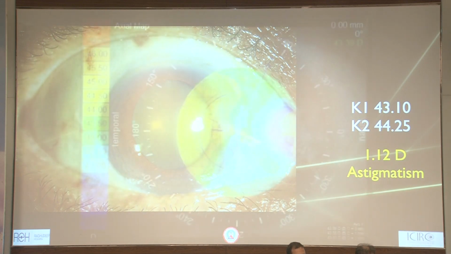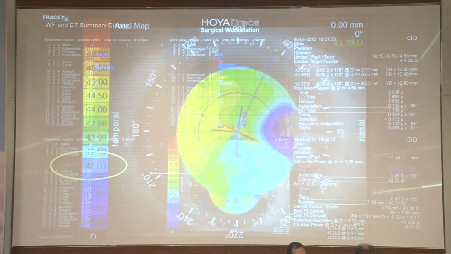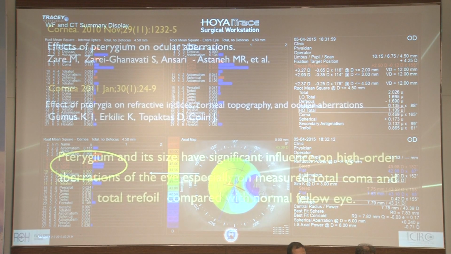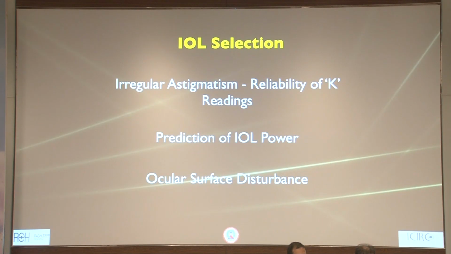But if you see this, the astigmatism looks a bit irregular, and this is the aberrometry profile. Not only do pterygia induce astigmatism, but they also cause higher order aberrations like coma and trefoil. Studies have shown that they have a significant influence, and these higher order aberrations can degrade the quality of vision to a large extent.